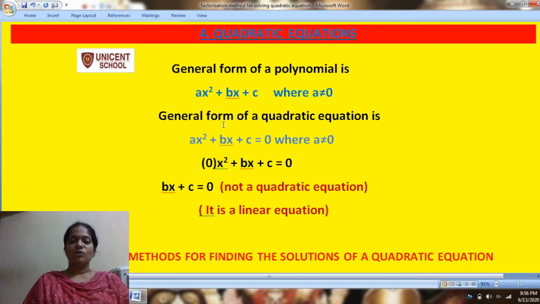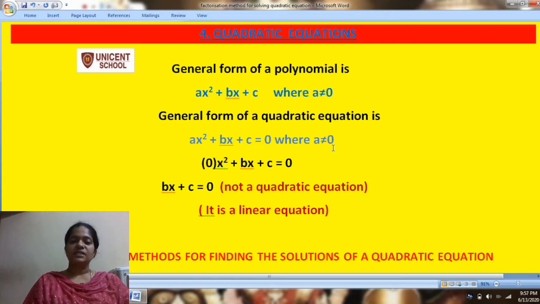The general form, also called the standard form of the quadratic equation, is ax square plus bx plus c is equal to 0, where a is not equal to 0. You have to be careful that a should not be equal to 0.